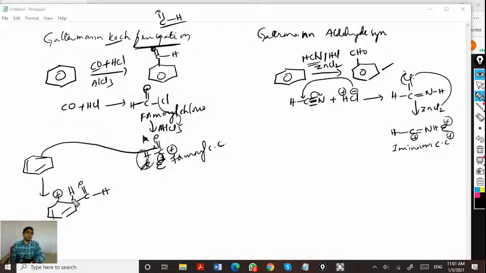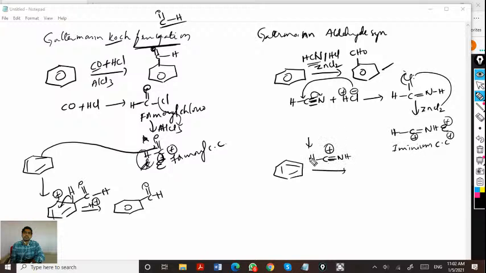Try to write the mechanism completely. H plus is eliminated as the electrophile, resulting in benzaldehyde. In this case, the same electrophile is formed, so benzene is going to attack onto the electrophile, and the positive charge will generate here.